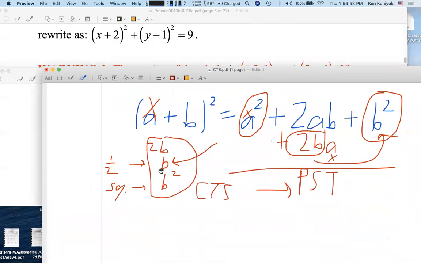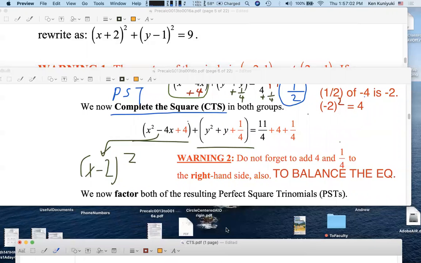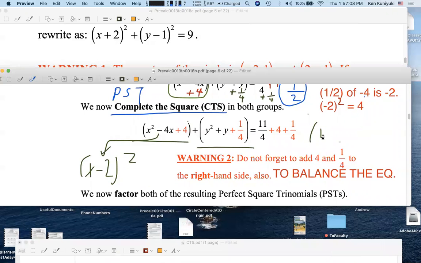You're basically taking the middle guy, whether it's a plus or a minus. So, x minus 2 all squared. Likewise over here, when you factor that, you're going to get y, the middle sign's a plus sign. Well, half of 1, that linear coefficient, half of 1 is 1/2.